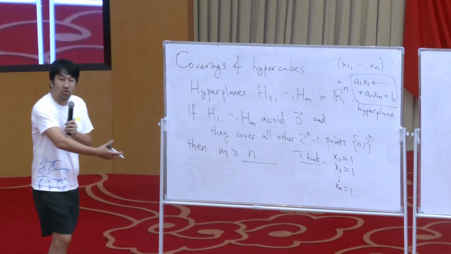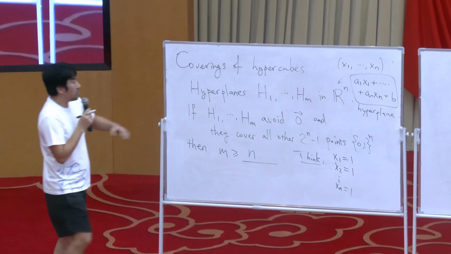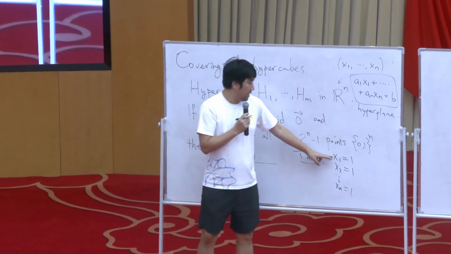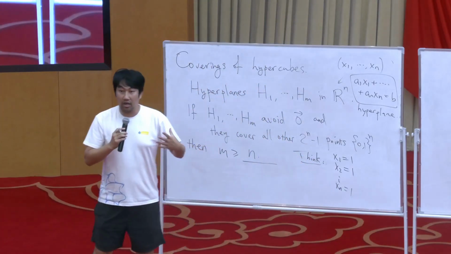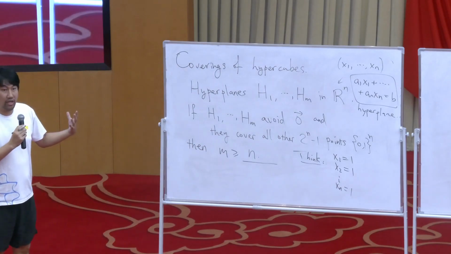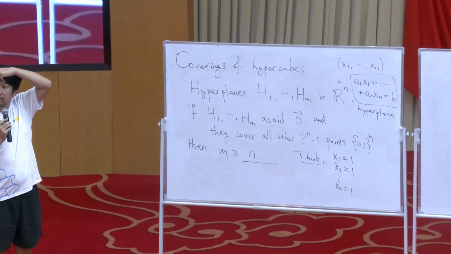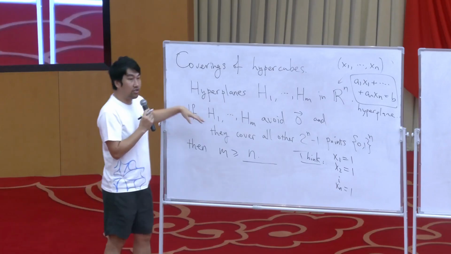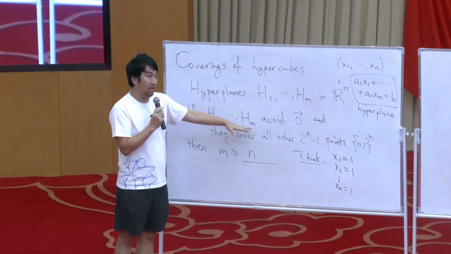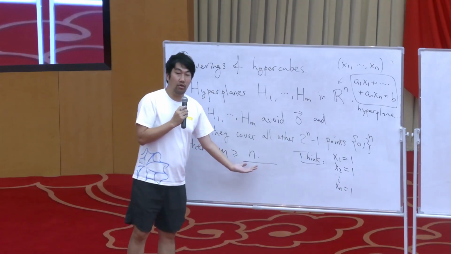Each equation describes a hyperplane that avoids the origin, the 0, 0, ..., 0 is not on any of these hyperplanes, but together they cover all the other 2^n - 1 points in the hypercube {0,1}^n. Does this make sense? So that shows you that you can certainly do this problem with n hyperplanes, and that's a plausible lower bound.